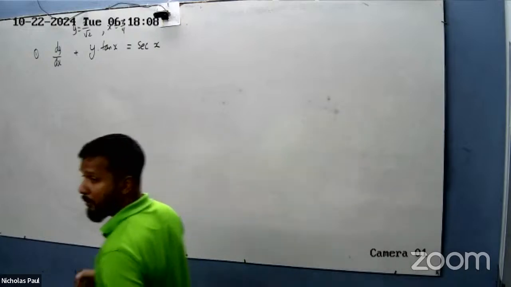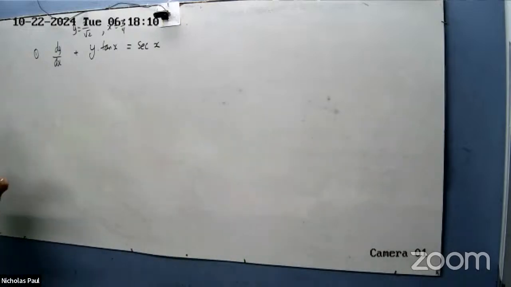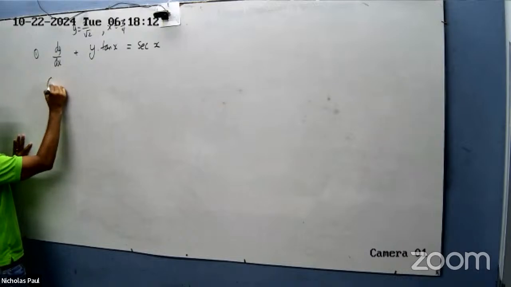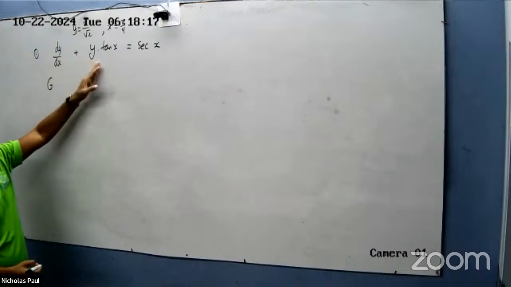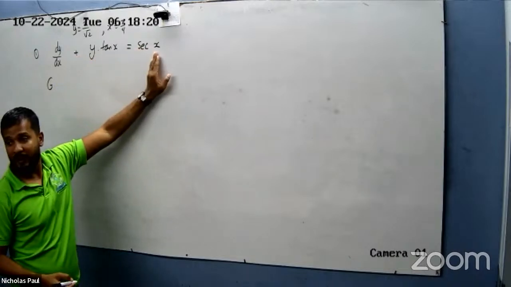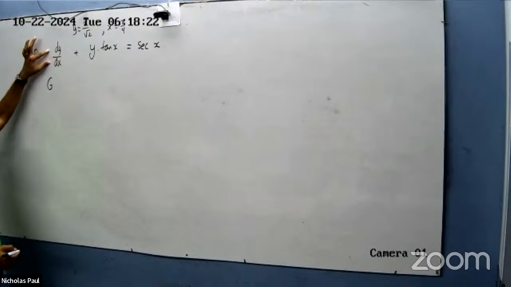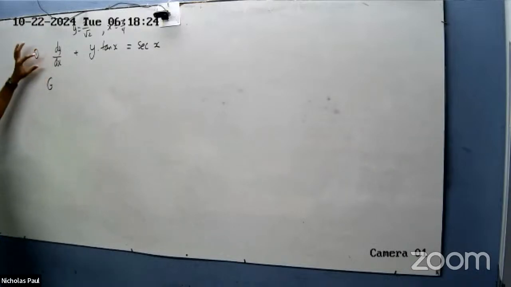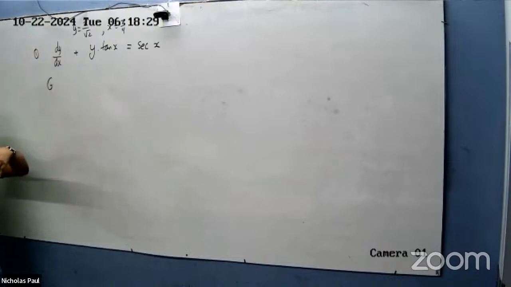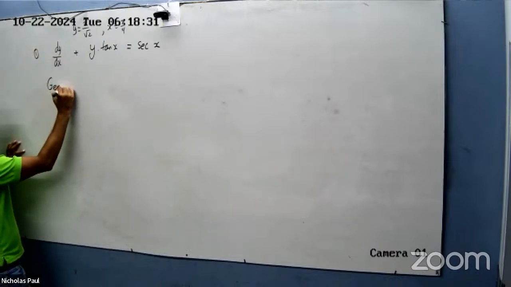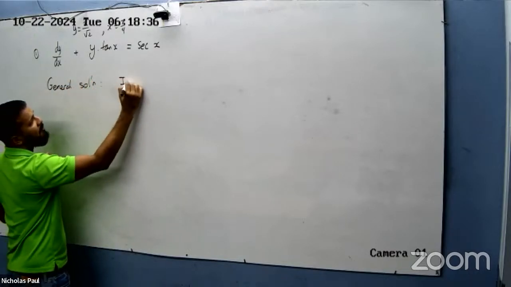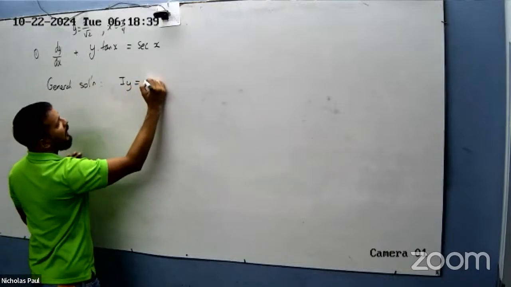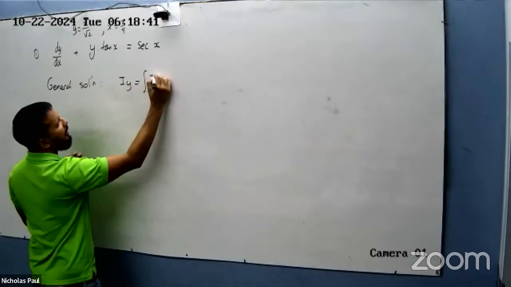Are you ready? Right, so step number one is that you have to identify that this is of the form dy dx plus yP is equal to Q. It's of the form because the coefficient here is 1. If the coefficient here wasn't 1, you will divide throughout. So your general solution is Iy is equal to the integral of IQ.